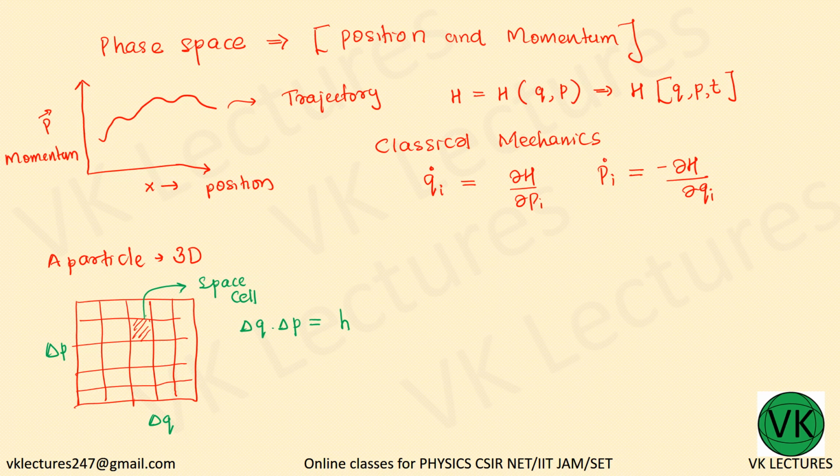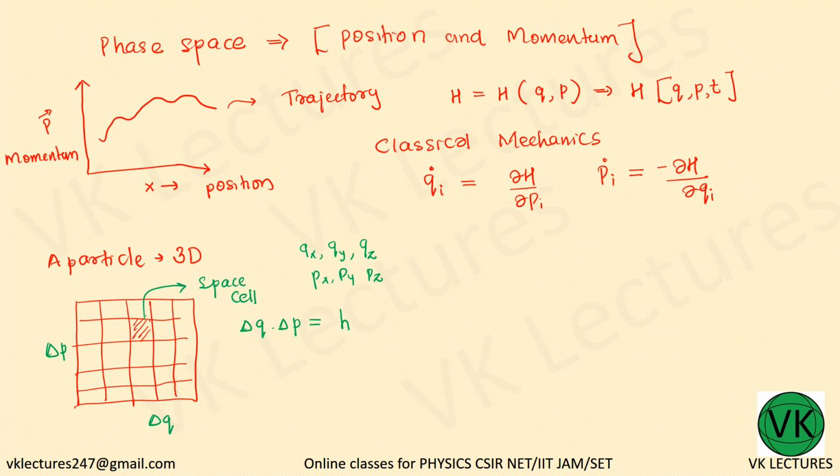Now similarly, since it is in 3 dimensions, it will have qx, qy, and qz, or q1, q2, q3, and the momenta px, py, pz. This is just to represent the different dimensions.